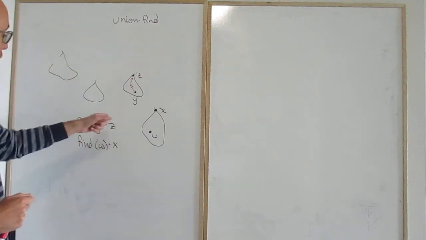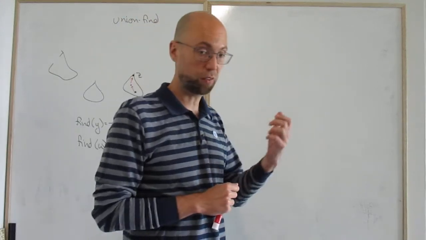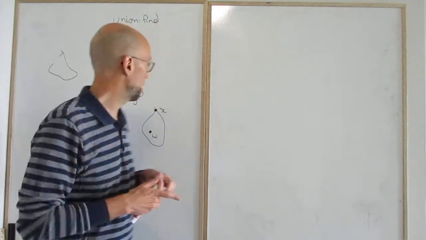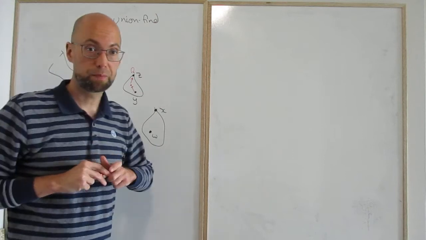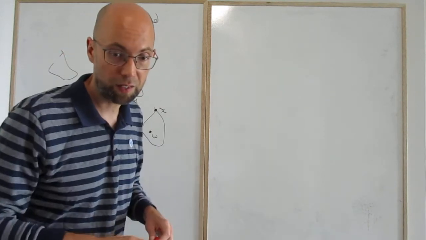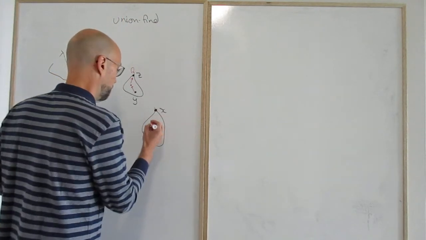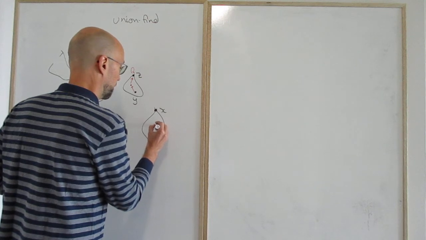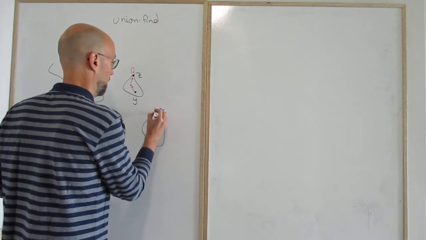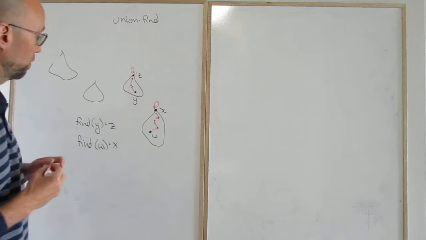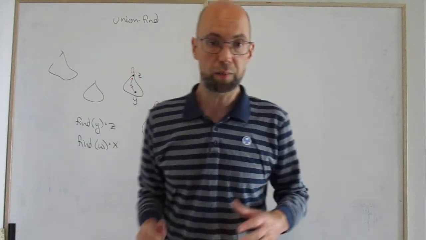So if I want to find the representative of Y, I ask its parent, look at its parent, and Z is pointing to itself. So Z is the representative. Okay? Yeah, this is going to be a little bit tight. So if I say find W, W is pointing at its parent, is pointing at its parent, is pointing over here, and X is pointing to itself. So if I say find W, you walk up, and you find X as the representative.